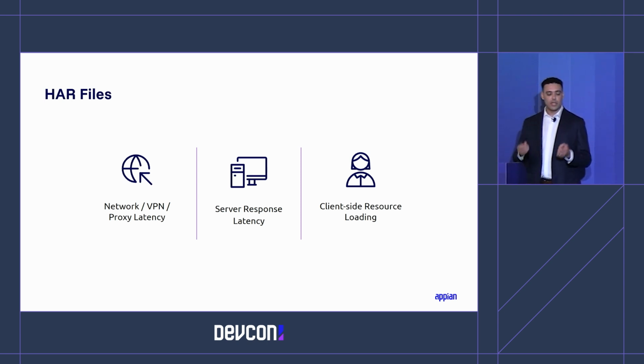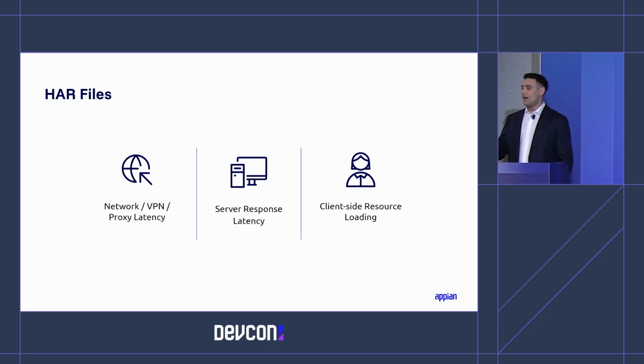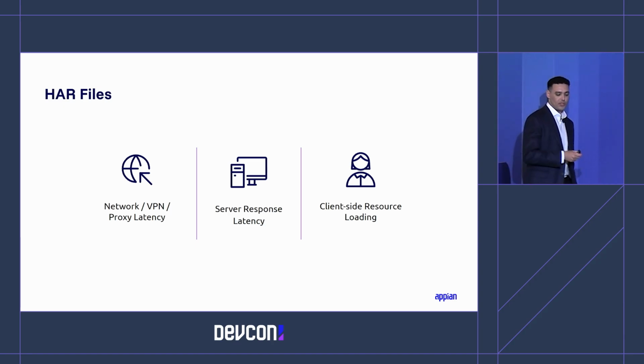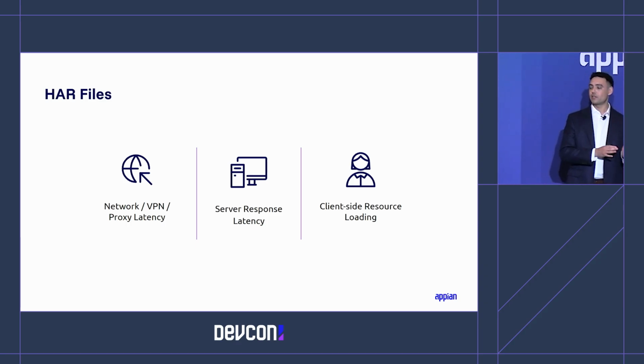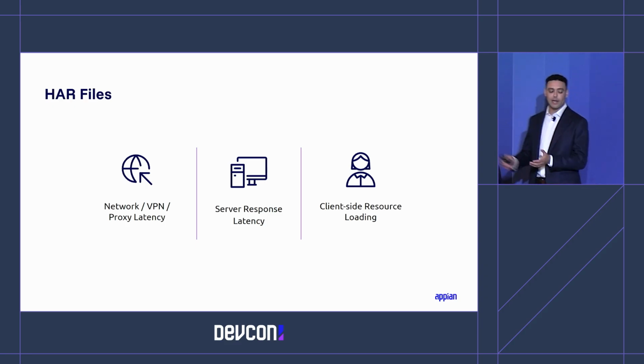So a HAR file is really useful for answering that question quickly. Where is the time going? Is it being spent on what Appian is doing, or is it outside of Appian? Is the delay before the server responds, or is it during the server processing? Is it one request that's slow, or is it a lot of small requests that are piling up?